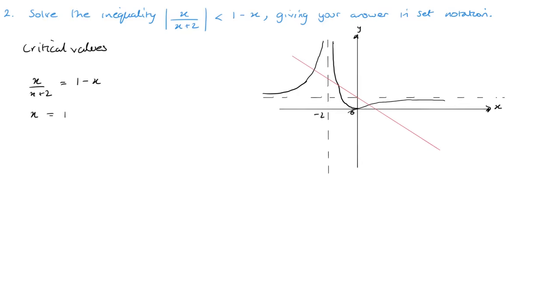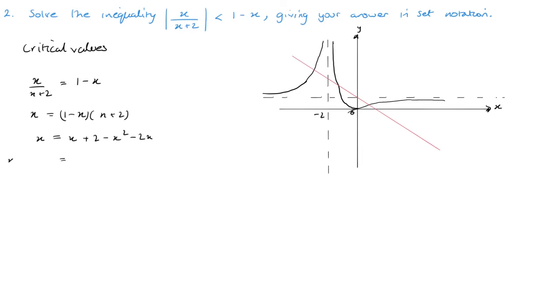So x is 1 minus x multiplied by x plus 2. Expanding this, we get x plus 2 minus x squared minus 2x.